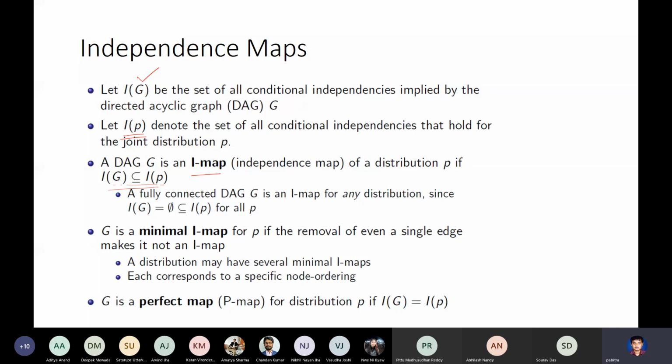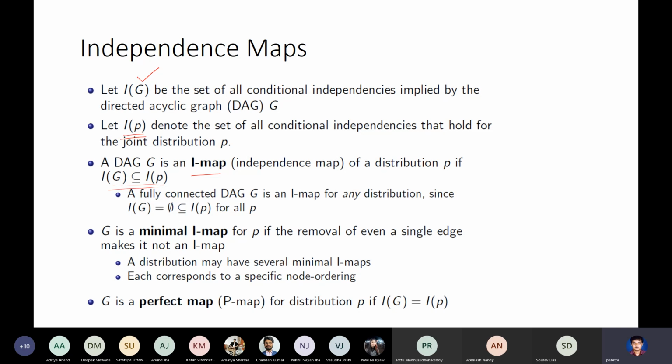Then it's called an I-map of the probability distribution. A fully connected DAG is an I-map for any distribution, which we have already seen. An I-map is a minimal I-map if removal of a single edge from the graph doesn't preserve the I-map property. A distribution may have multiple minimal I-maps.